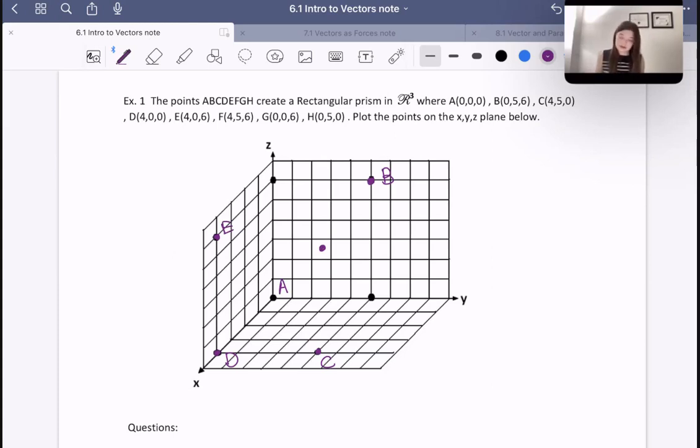So about there, we'll say that's F. Then G is (0, 0, 6), so just 6 up in the Z direction, and that's it for G. And then H is (0, 5, 0), which maybe is obviously this one because it's the last one left, but also it's only 5 in the Y direction. So that also tells us we probably got them all right.